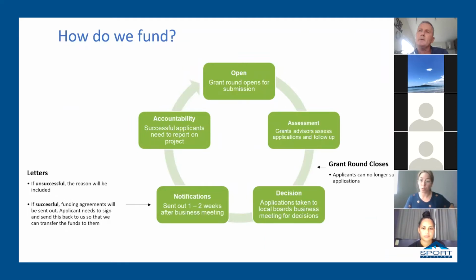So for example, if your project or event caters to 100 people, and 50% of those people will be coming from that specific local board area. We also assess your past achievements for the community. So if you've done something similar before.